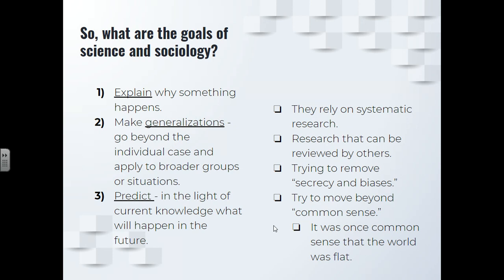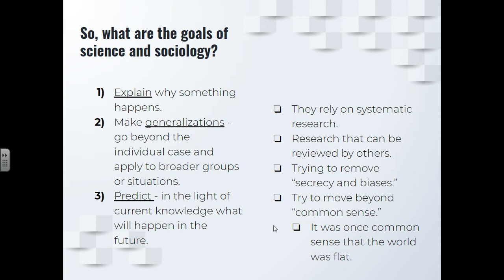And because this is a social science, you can't just make broad assumptions. They do go in and make generalizations. So when they make a generalization, what that means is they're going beyond the individual case of Billy. We keep talking about Billy. So we're going beyond just his case. We're applying this to broader groups or situations.